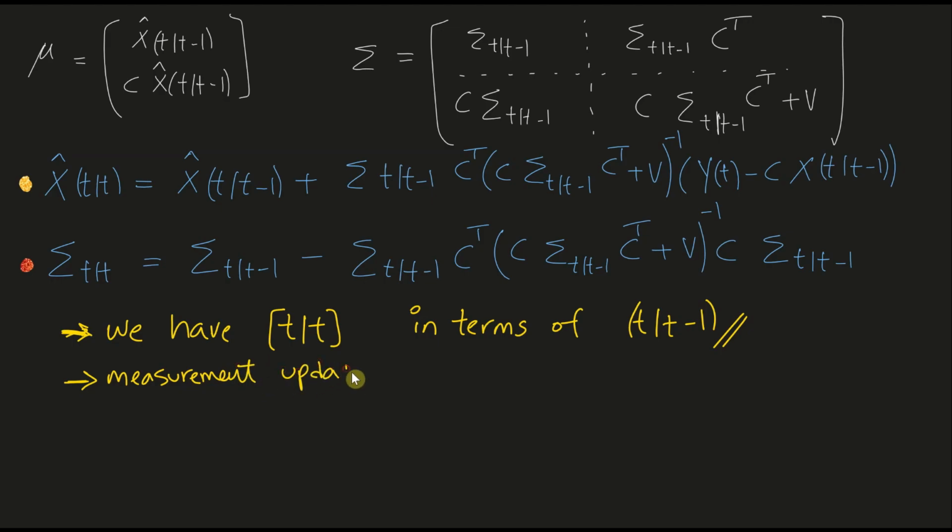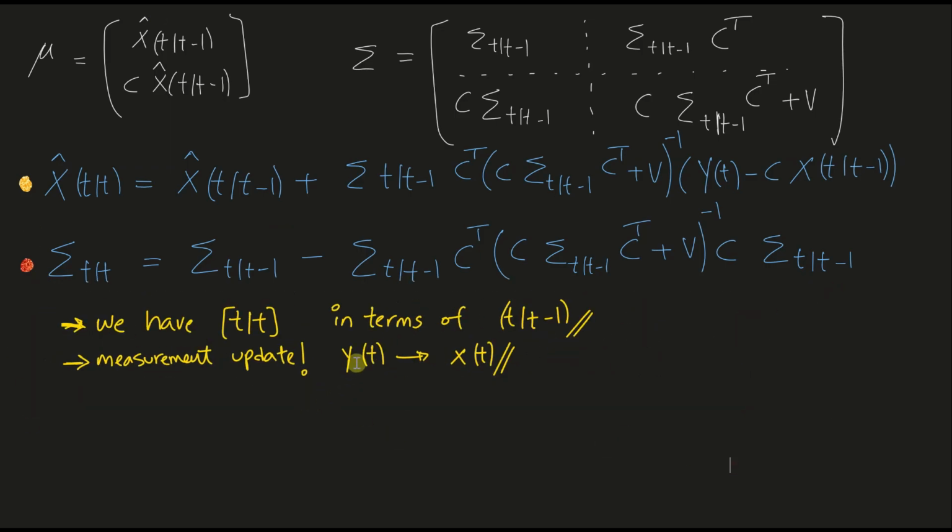And another thing that we're doing is we are estimating xt based on measurements of y of t. So that's important as well. So once we're done with a single time step, we want a time update. We want to move on to the next time step.